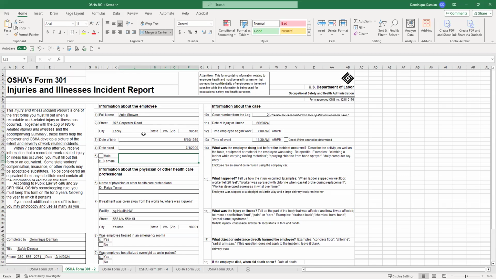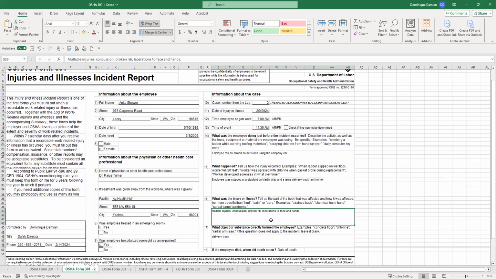This employee was using a company car, but they were running a personal errand. The employee was stopped at a stoplight and was run into by a delivery truck. This caused some serious injuries. This person was in the hospital with a concussion, broken ribs, lacerations, and could not work for many days.